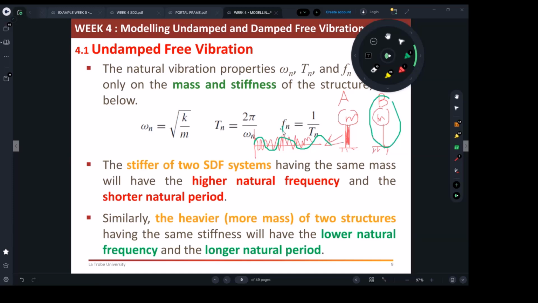Again, the time period goes from here all the way to there. The green one represents what's happening with B.